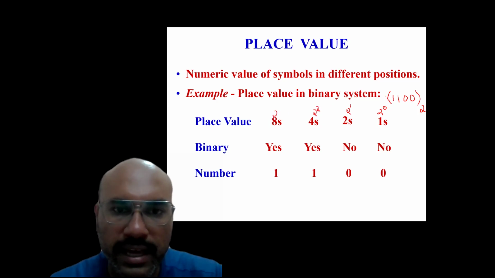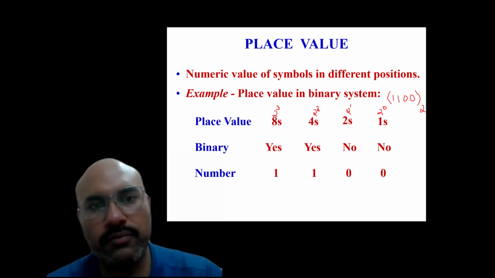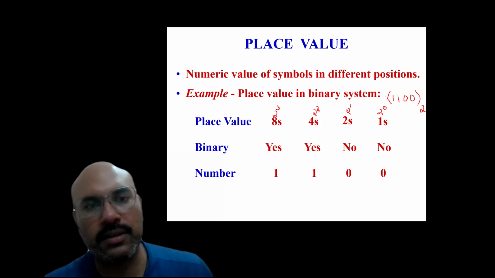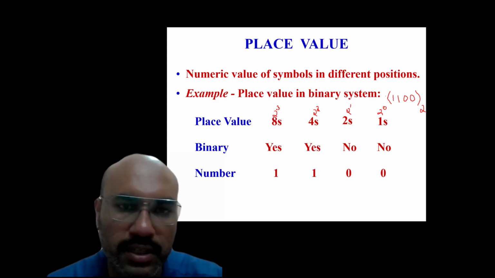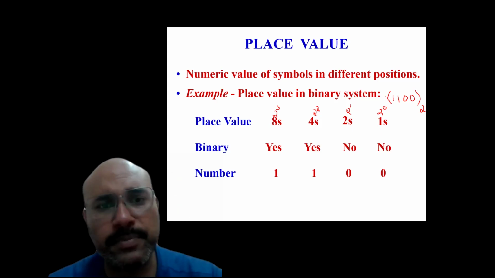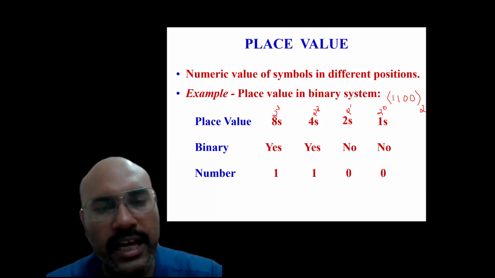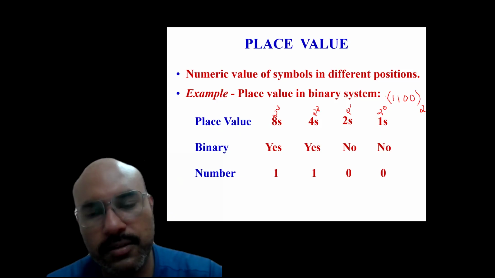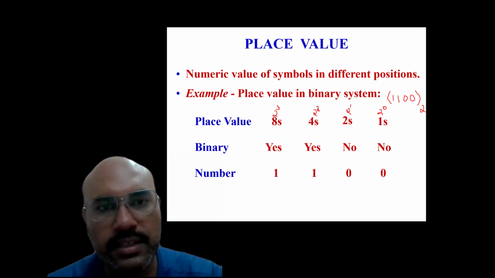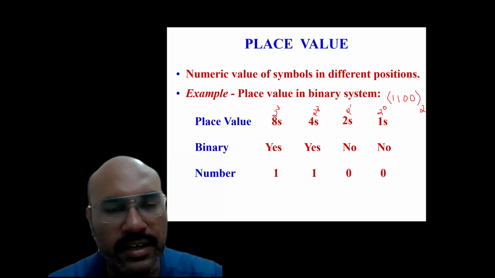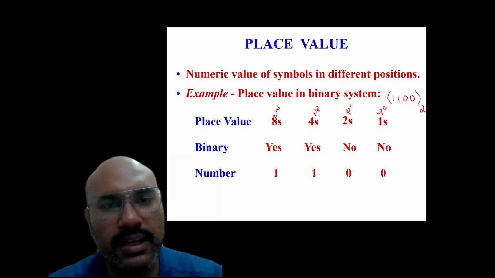Similarly, I can go on up to however many digits are given in this binary number, and I can use as many place values as I want to define. Like in decimal, we have the first unity, then tens, then hundreds, then thousands.